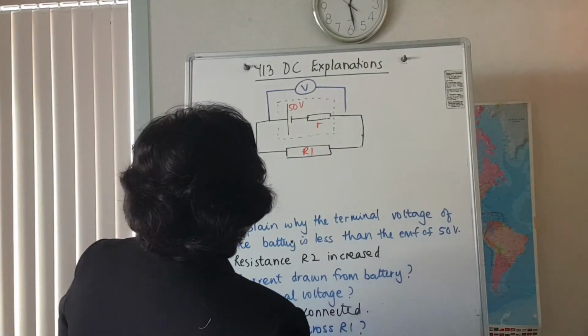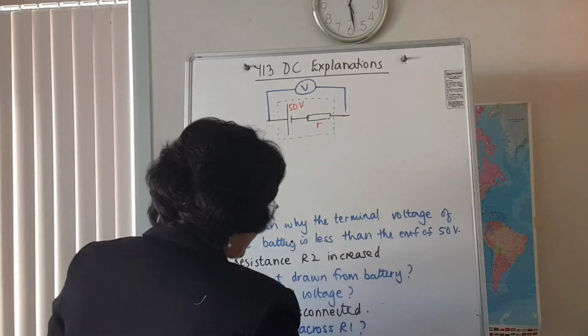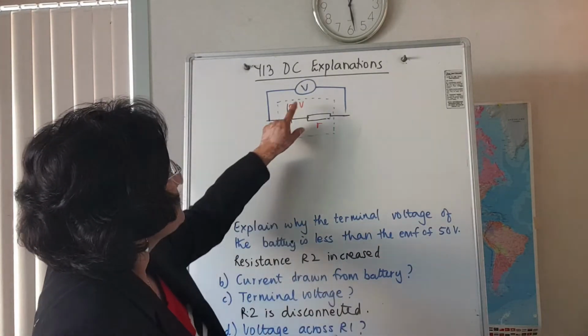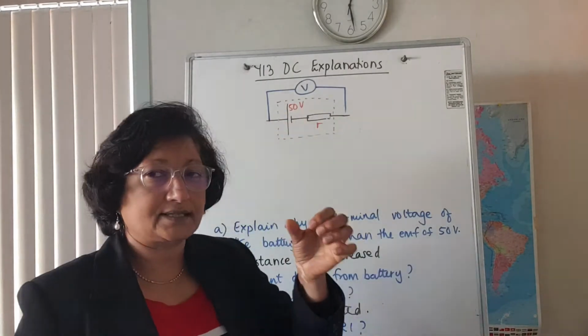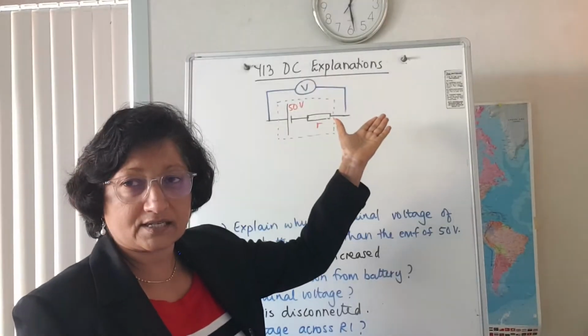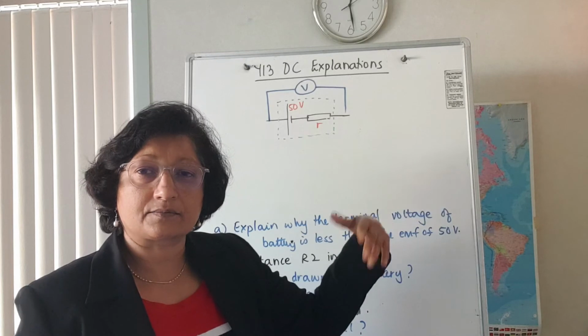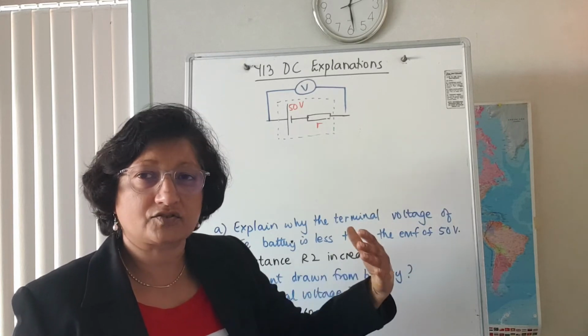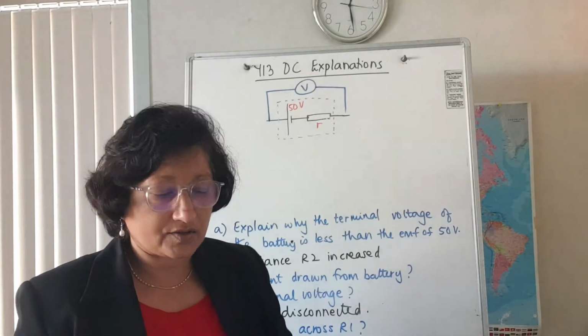So this question really means this bit is not there. It's just the battery and you've taken some wire and connected the voltmeter across. So how does this value, which is stated on the battery itself, compare to what the voltmeter reads? They're going to read the same thing because the cell is not really supplying its energy to anything, and so there's no current flowing in the cell. So that's the answer to E.